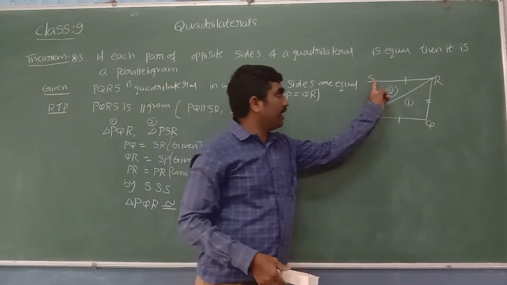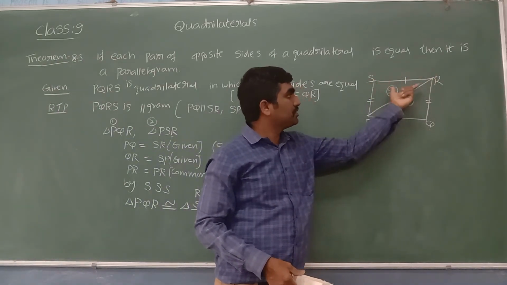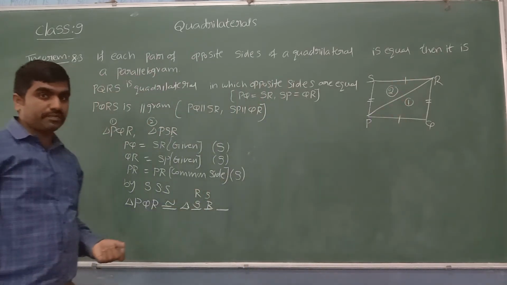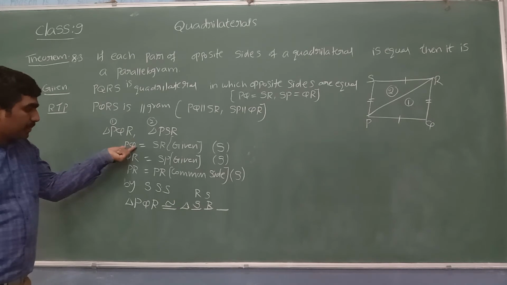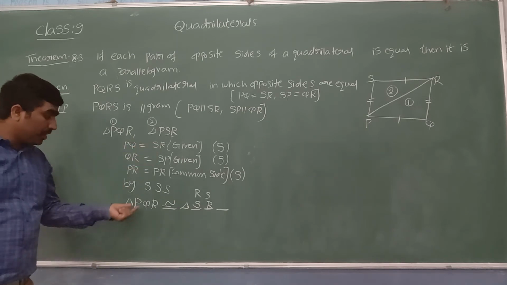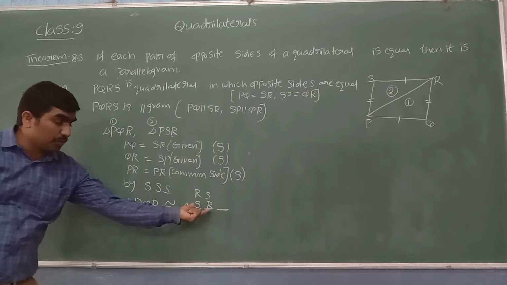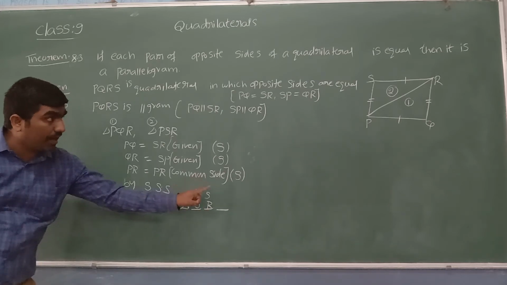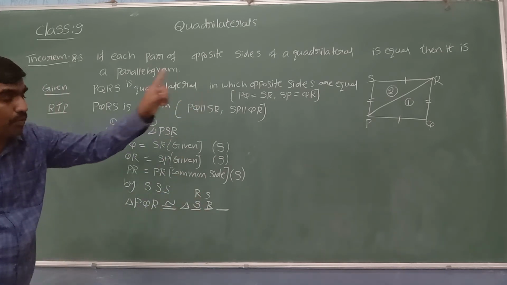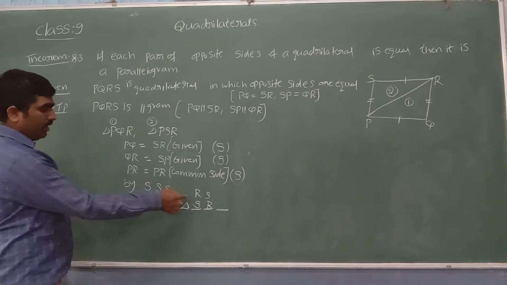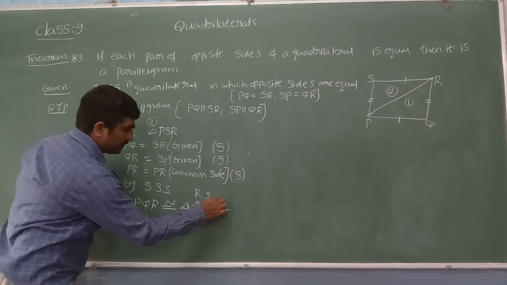Because in the figure SR and RS are the same line segment. So PQ and SR both are equal. SR finished, P left.